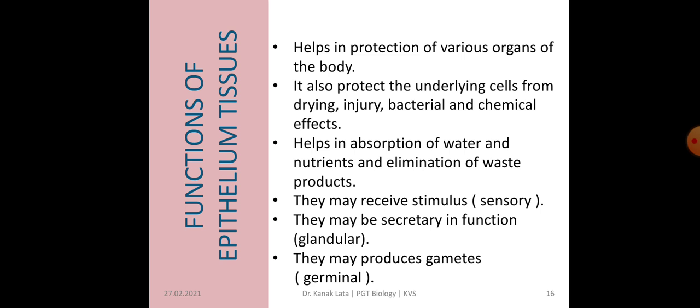It helps in absorption of water and nutrients as well as elimination of waste products. They may receive stimulus, as we have seen in sensory epithelium. They may be secretory in function, as we have seen in glandular epithelium, and they may produce gametes, as we have seen in germinal epithelium.